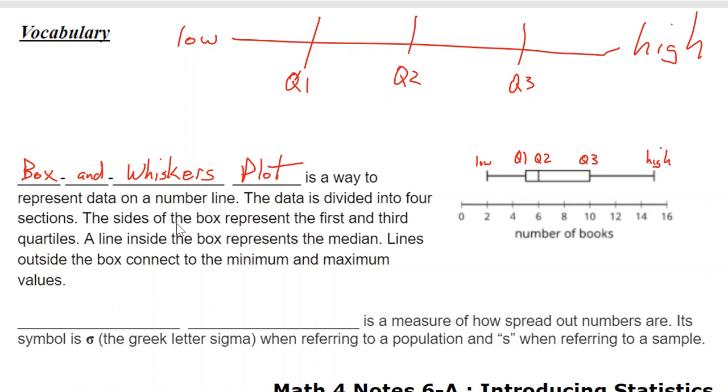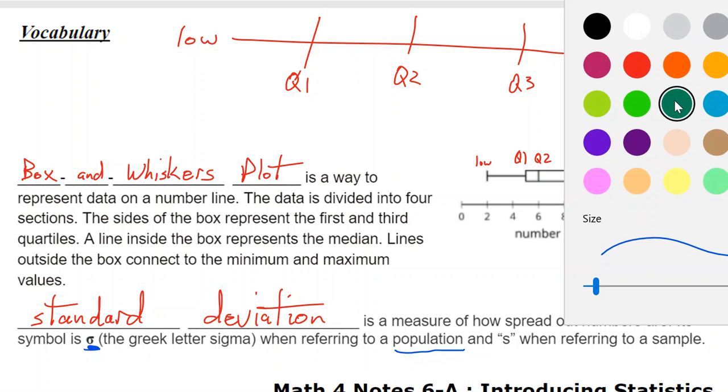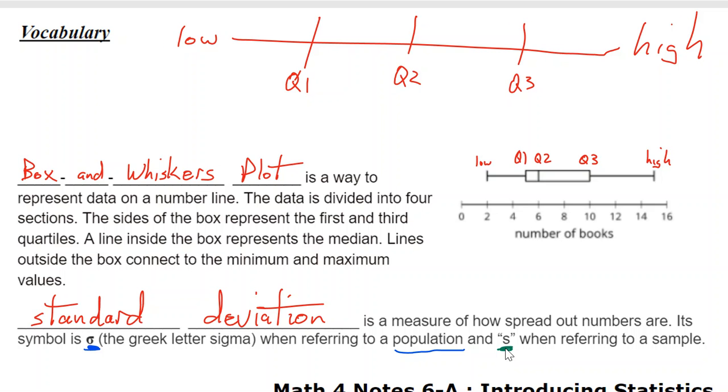Now, one other thing that gets caught up in this discussion is standard deviation. I do want to make a comment here that the Greek letter sigma refers to a population, but the Roman letter S refers to a sample.